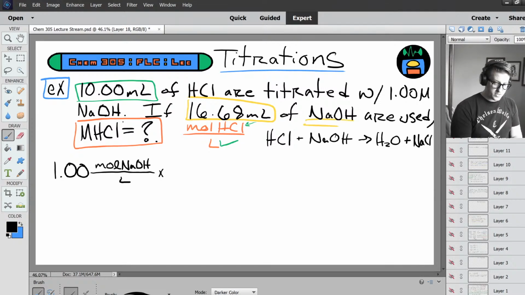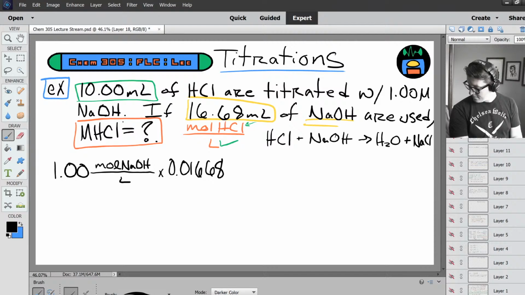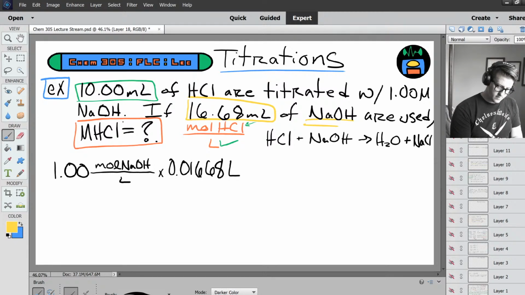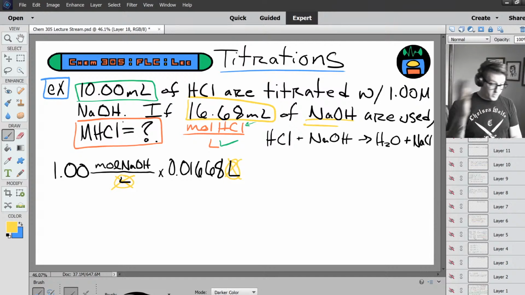Of course, we have to convert this to liters, which we can do. And now we just have moles of sodium hydroxide.